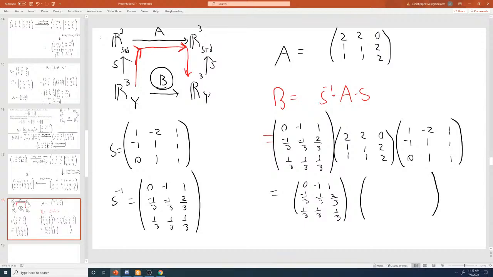So if I multiply this column by this row, I get 0. This column by this row, I get 0. This column by this row, I get 0. This times this, what do I get?